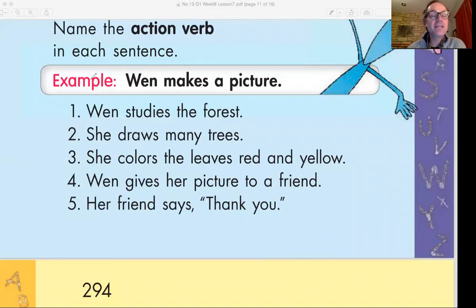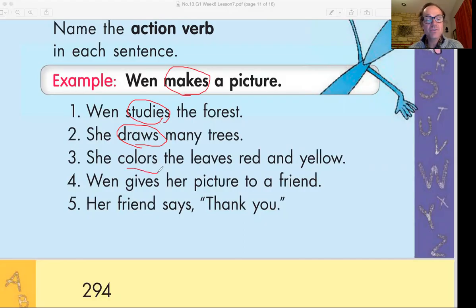Okay, let's see. In the example, Ren makes a picture. The action verb is this, she makes it. Ren studies the forest. What does she do to the forest? She studies it. These are the action verbs. She draws many trees. Well, here's something that shows what she did. She colors the leaves red and yellow.